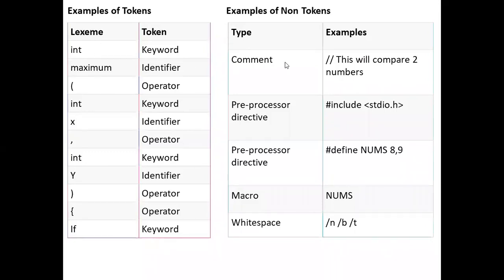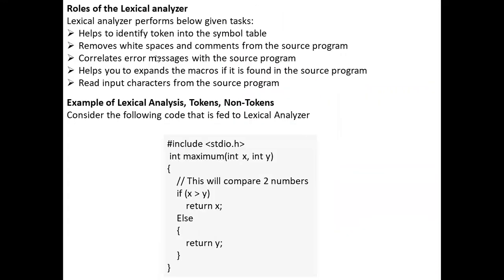Okay. Now, non-token parts. Comment, right? This will compare two numbers, the slash operator, so this is a comment. This is a non-token. Preprocessor directive has include, we remove this part. If you define hash include stdio.h, in a C program, first we define the header file.